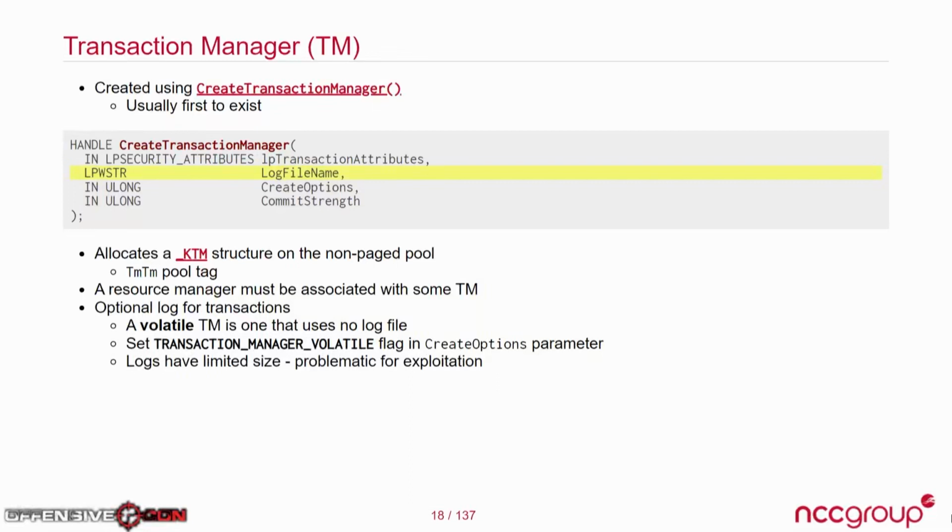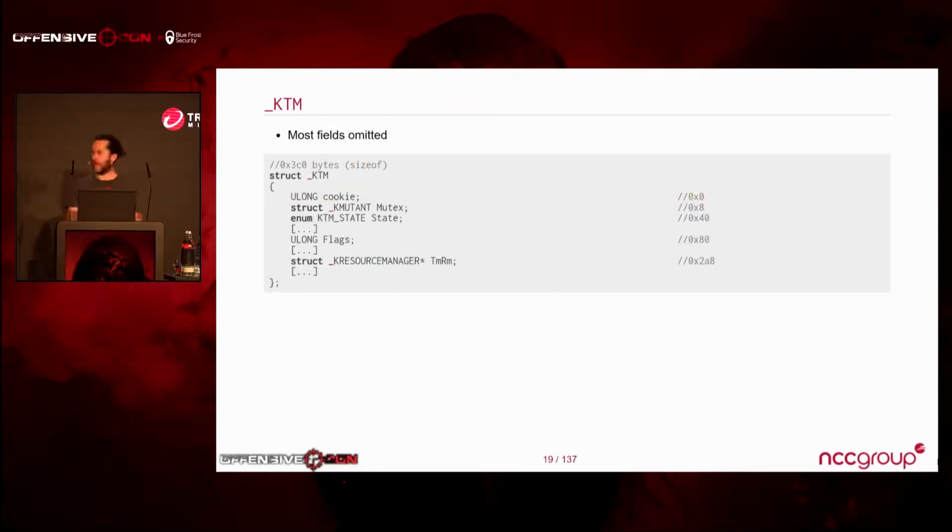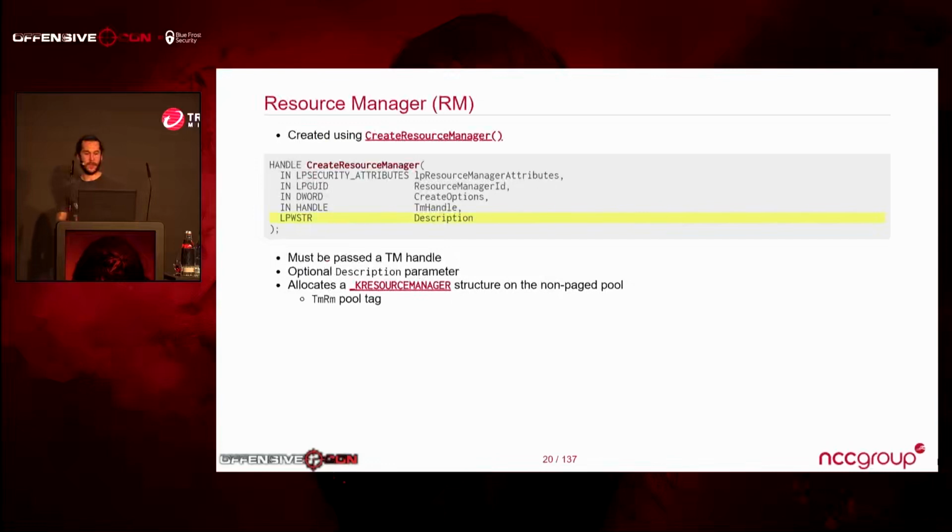Actually, I don't really know, because there is no log, so you can't really roll back. But from an exploitation point of view it's interesting, because there is a limit on the actual log, so being able to create a volatile transaction manager is useful. So we create a transaction manager, it creates a KTM object, and most of the fields are not relevant for us.